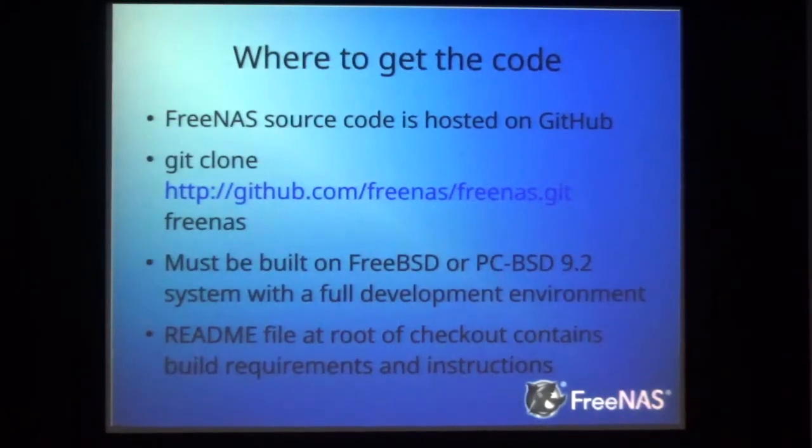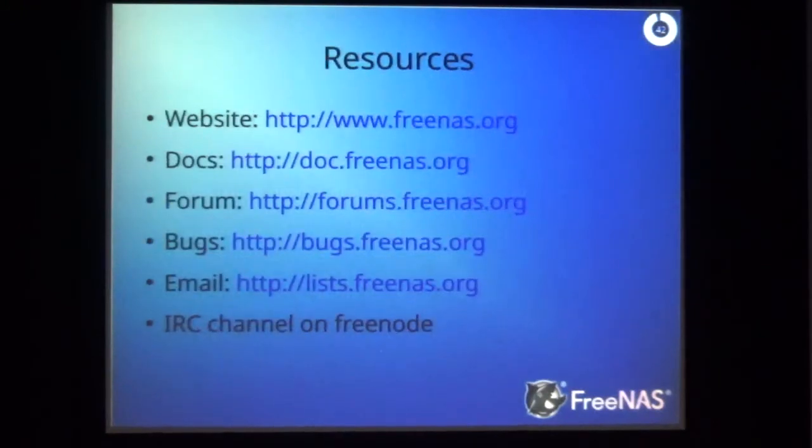I don't know how to date that file, so I don't even know if it's been updated. Here's all the places to go. Our website, docs, forum, bugs. We even have an email server. IRC. You can go on IRC and get help. There's a lot of people in there. They know what they're doing.